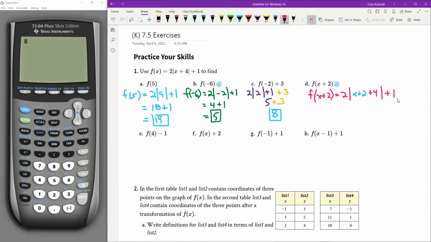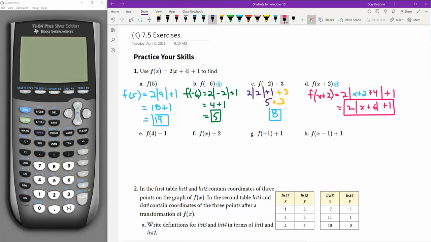Okay, so you can see what I did there. I replaced the x, which used to be x plus 4. Now it's x plus 2 plus 4. All right, and then we can obviously simplify that. Let's make it x plus 6 plus 1. And we really can't simplify it any more than that right now until we know what x is.